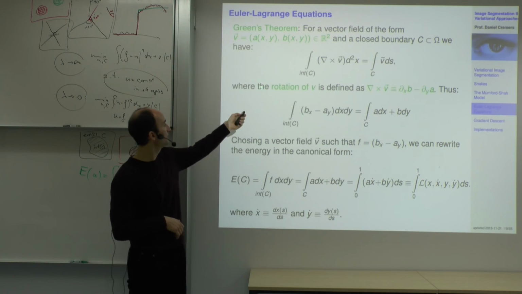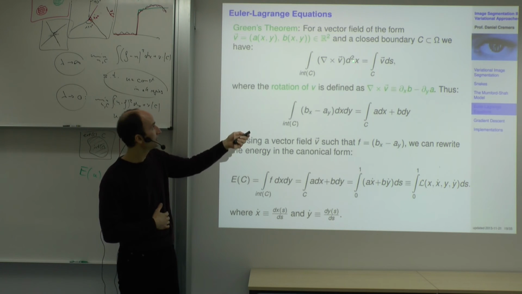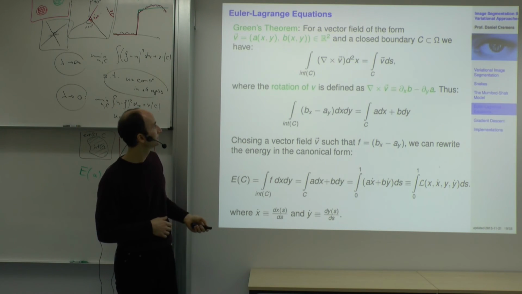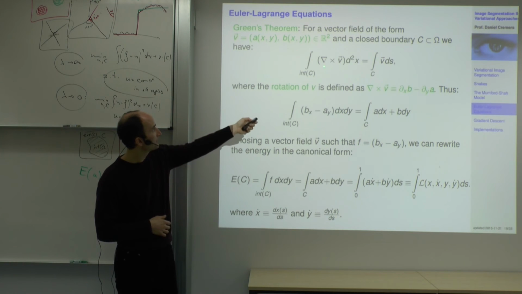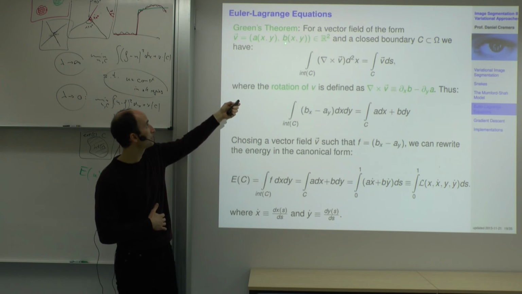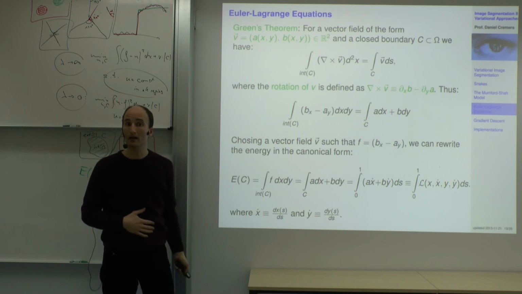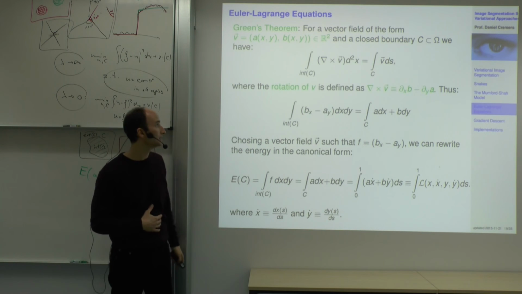We just assume that there is a vector field V such that the rotation of V is f. More specifically, if V has components A and B, then the rotation of V is dx of B minus dy of A. That's how it's defined.